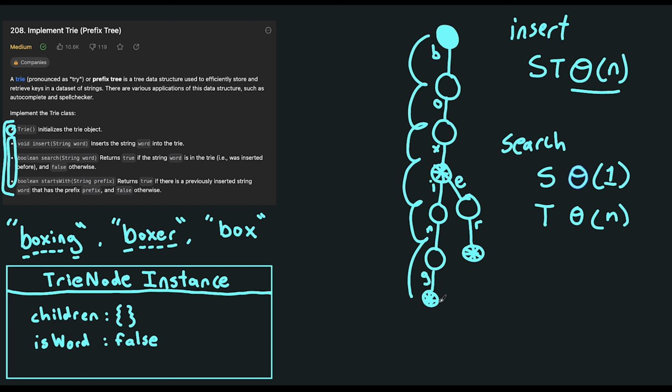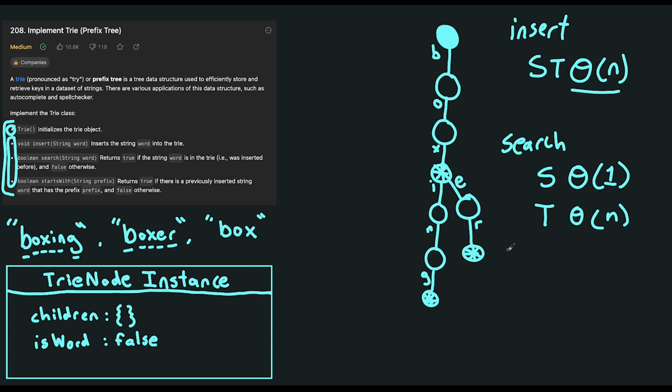We have to iterate through the entire word to see if the last node has an isWord value of true. So that time complexity will be O of n. The space complexity is O of 1 because we're not adding anything new to the try. It's a read operation. So we're not adding any new nodes, and the space complexity is therefore constant.